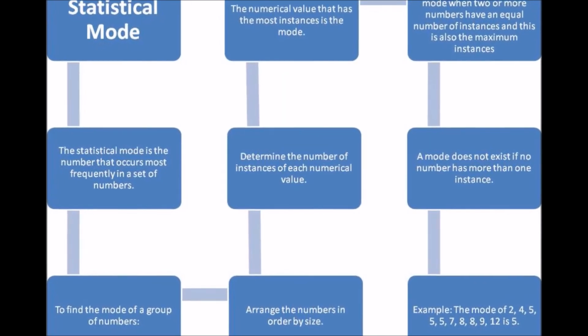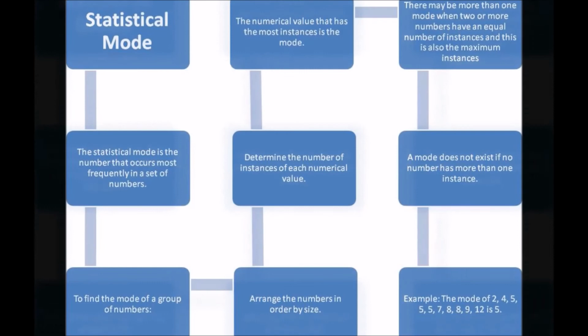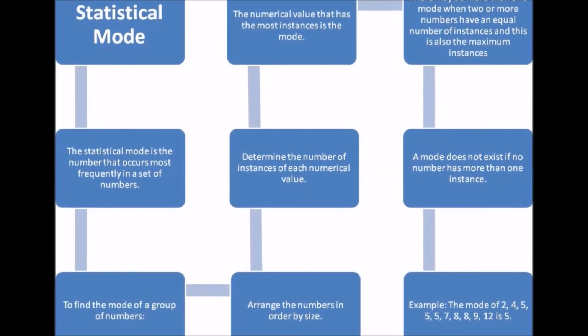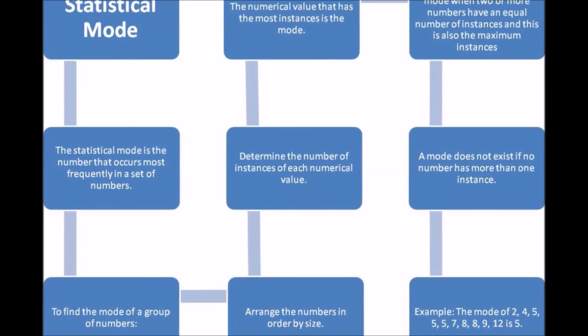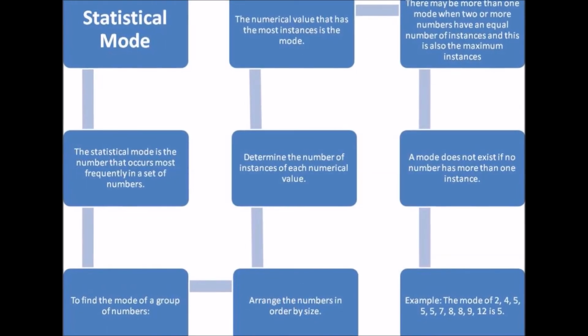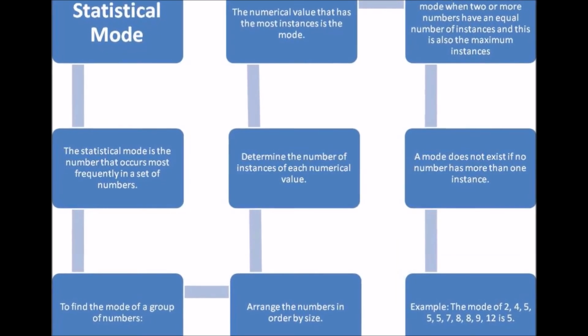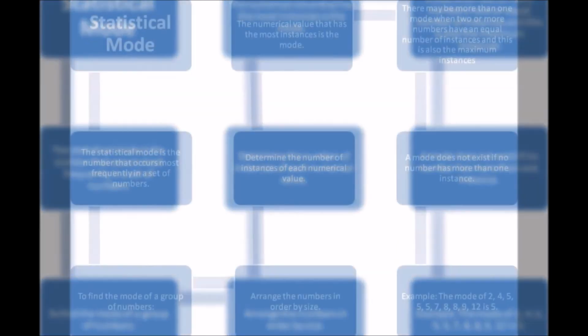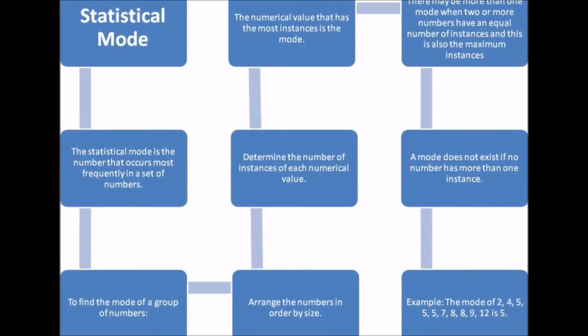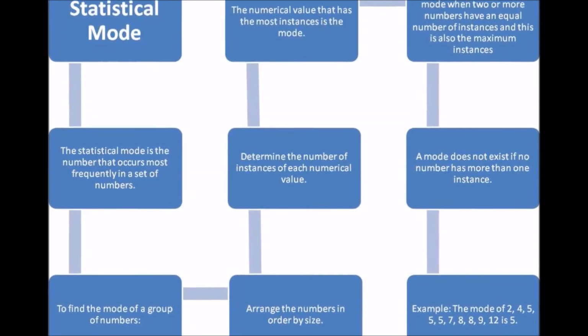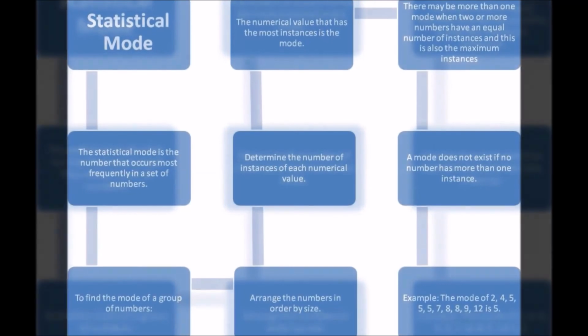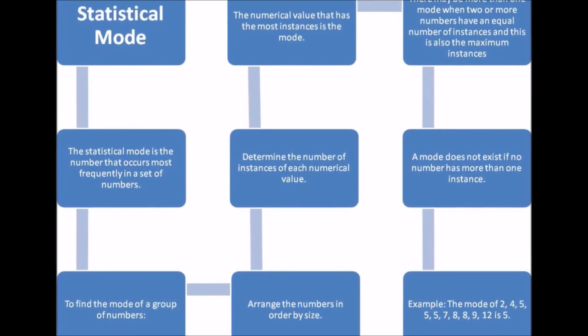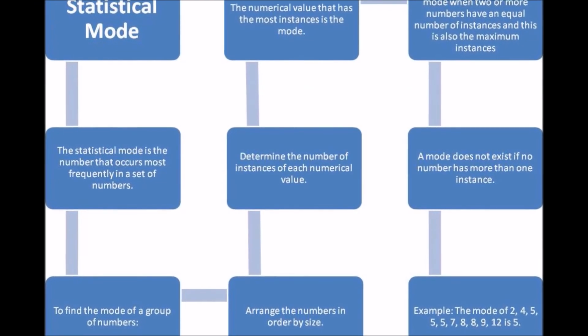Statistical mode. The statistical mode is the number that occurs most frequently in a set of numbers. To find the mode of a group of numbers, arrange the numbers in order by size. Determine the number of instances of each numerical value. The numerical value that has the most instances is the mode.